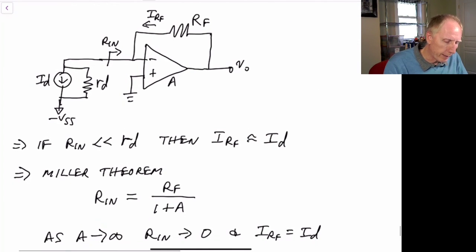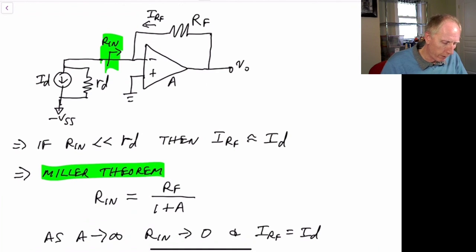So let's look at what that input impedance is. We have from Miller theorem from before that Rn is just equal to Rf divided by 1 minus the gain. In this case, the gain is equal to minus A because we're going into the minus terminal over here.